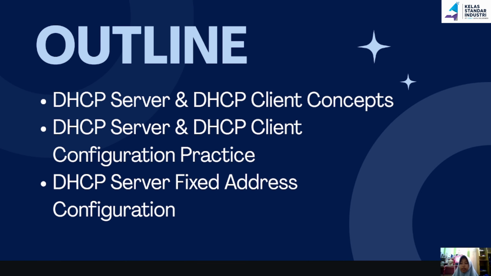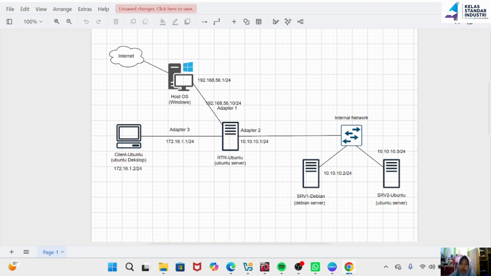For this third topic, we are configuring the DHCP server fixed address. Previously, our desktop obtained an IP address automatically. However, in real-world networks, there are times when we need a fixed address. This means the IP is still obtained automatically, but the automatic IP remains constant.